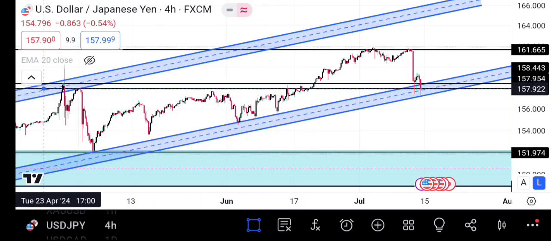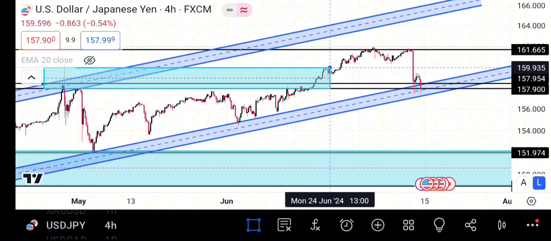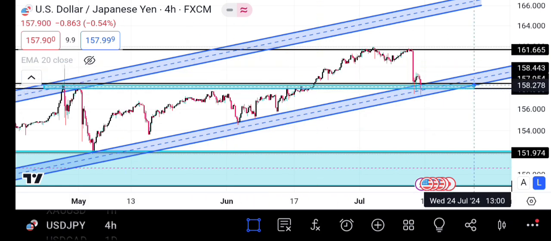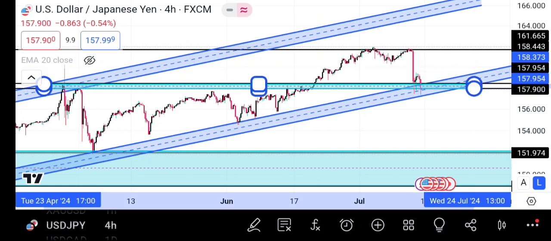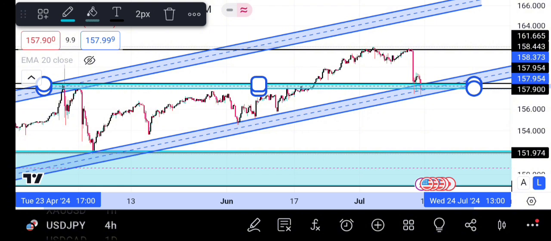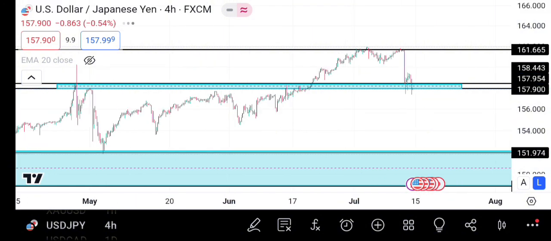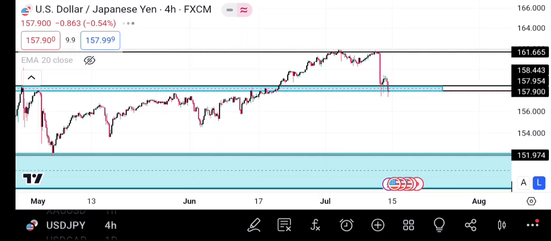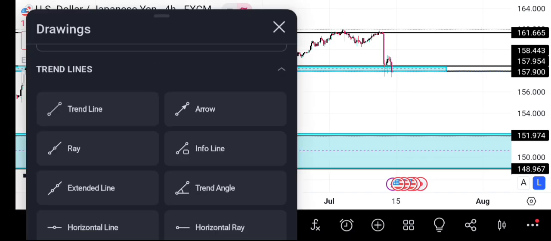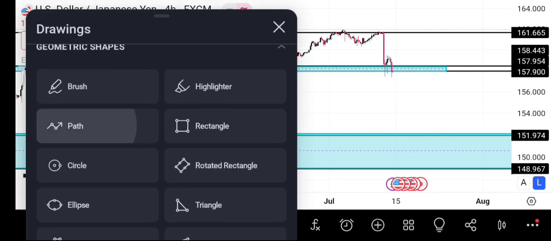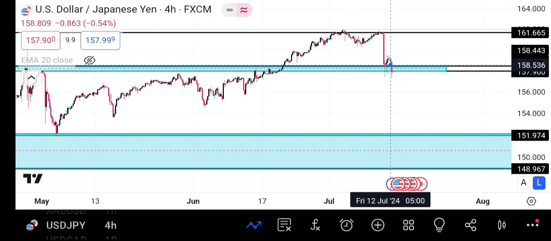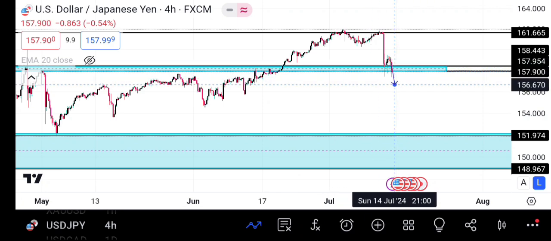This is how we're moving. Let me just clear charts again, guys. Remember, since we know where price is going, I'm waiting for this now.